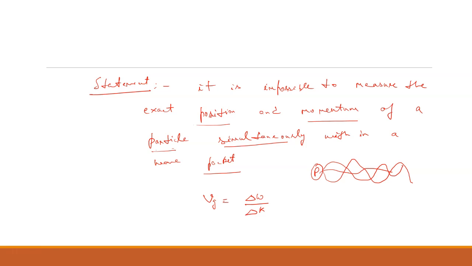Okay, so let us derive the result. Group velocity means the velocity of the group of waves, where omega is the angular frequency, 2 pi nu, and k is the propagation constant or wave number, 2 pi by lambda.